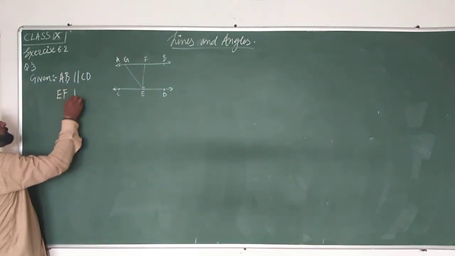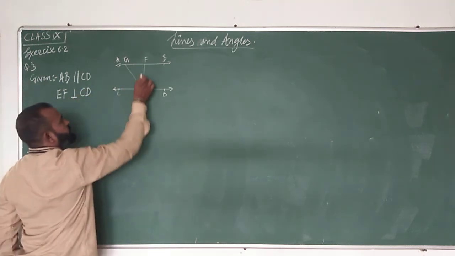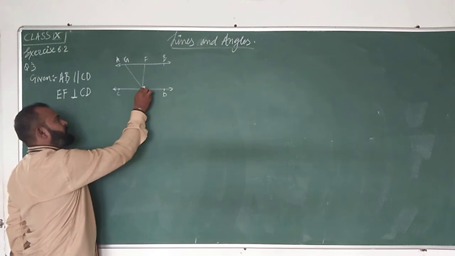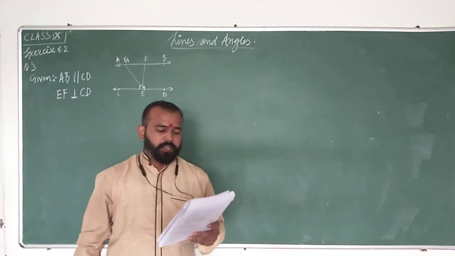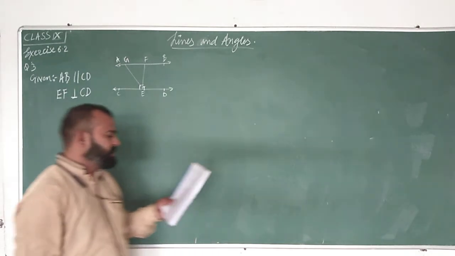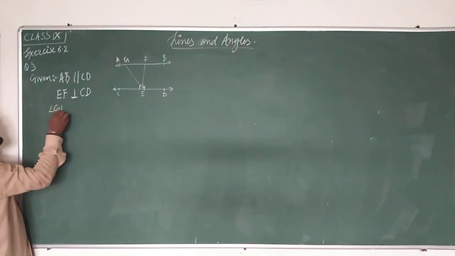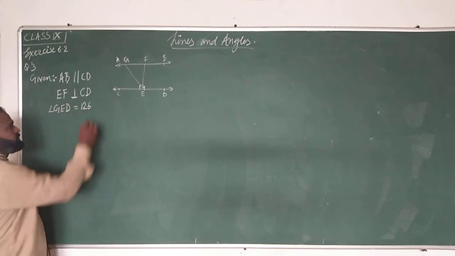EF perpendicular to CD means EF on CD forms an angle of 90 degrees. Then angle GED is 126 degrees. Angle GED is equal to 126 degrees.